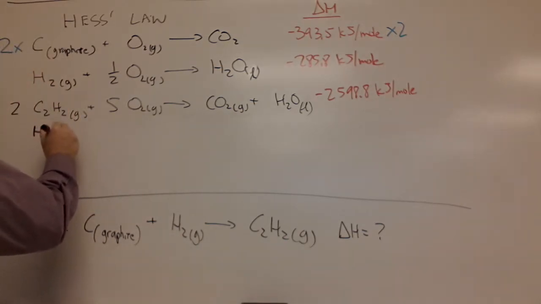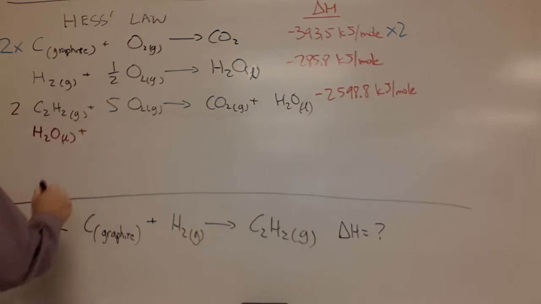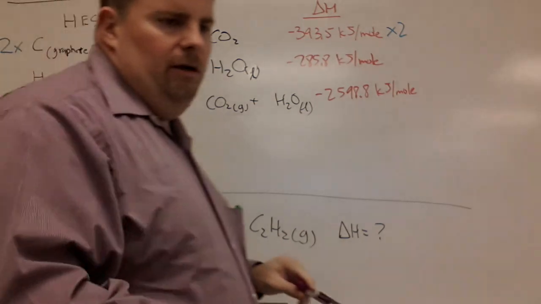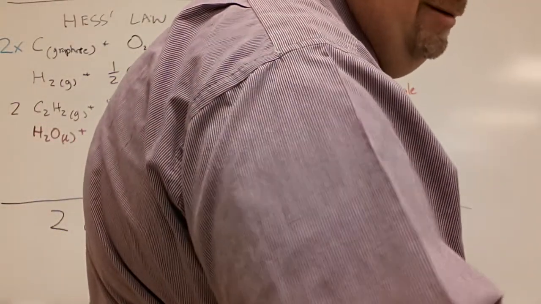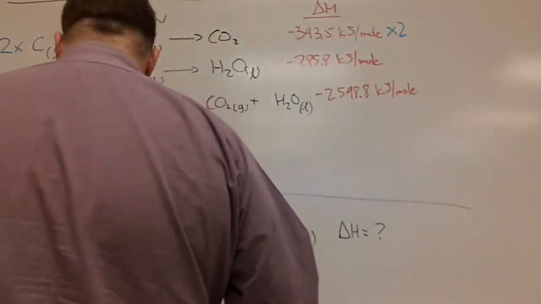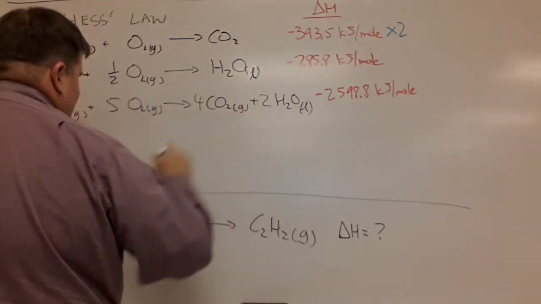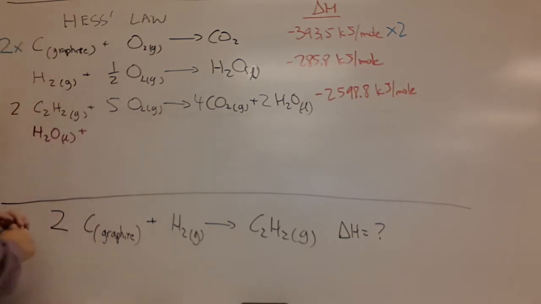So in this case, H2O liquid plus, you know what, I forgot a term. Why didn't you guys tell me? I forgot the 4 and the 2 here. Sorry. 4 and 2, okay. So I'm going to reverse this.